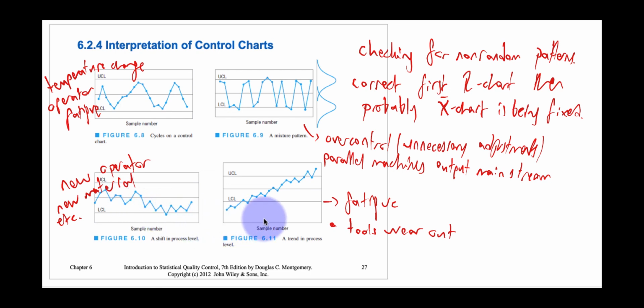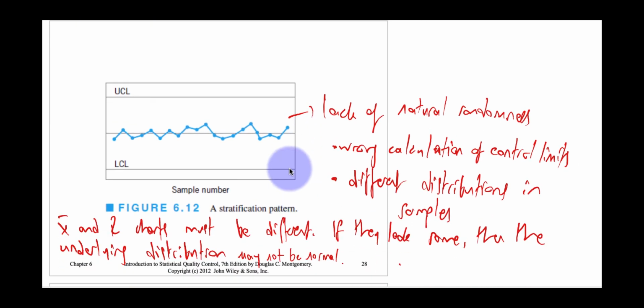Also, we can see some trends in the control chart, and this can result from the fatigue of operators, or tools can wear out. So this can happen. A stratification pattern, maybe it seems random, but actually this is not random, because it's just around the mean value. We do not see any value moving away from the mean value, so it does not seem random.